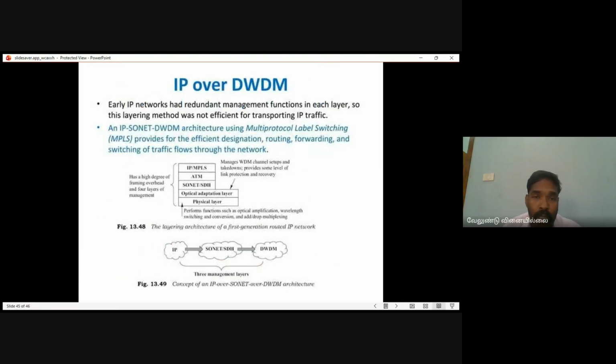IP versus IP over WDM. What is IP? Internet Protocol. The IP network has redundant management functions in each layer, so the layering method was not efficient for transporting IP traffic.